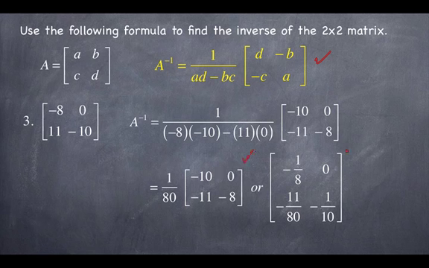Both of them are correct. Either one works. Now, you're going to see this in the next section, but let me just highlight it here. This number here, 80, is basically the determinant of this 2 by 2 matrix. You're going to see this again in the next video. Let's move on to the next slide.